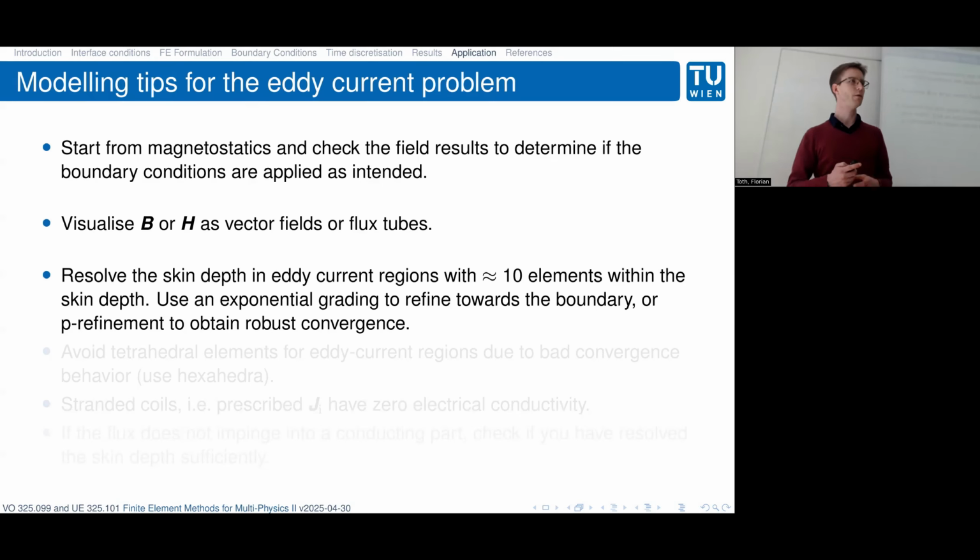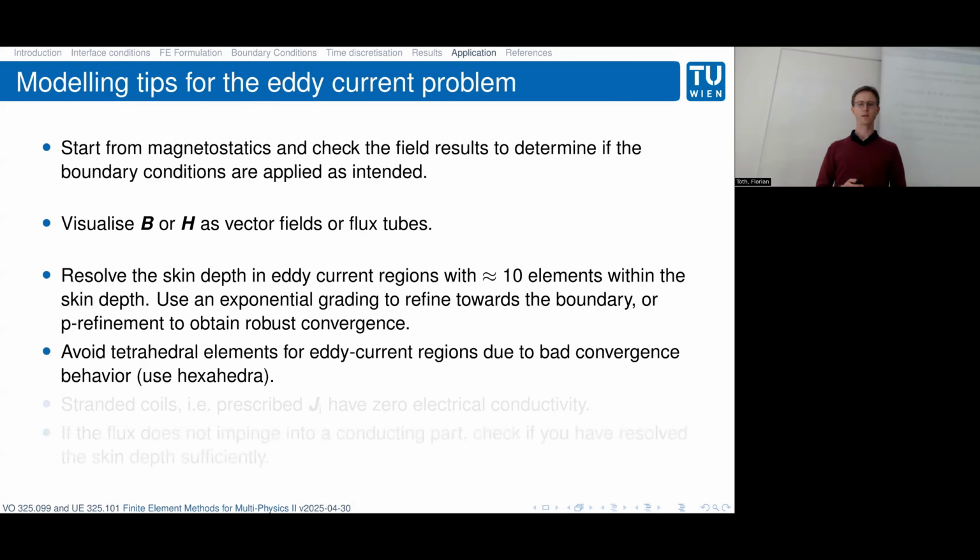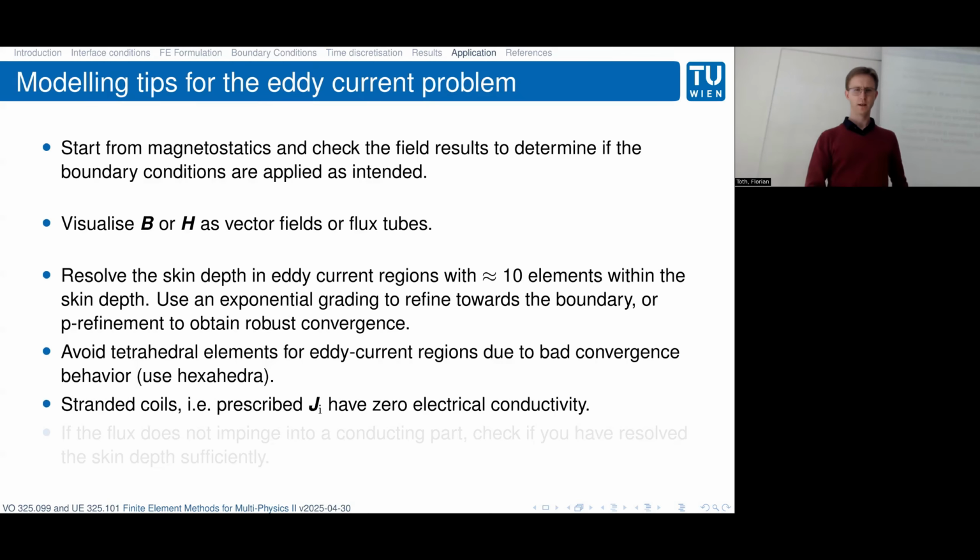You can use P refinements, elements of higher order, to get better convergence rates. What you should also avoid in eddy current regions is tetrahedral elements, because they have bad convergence properties, much worse than hexahedra in this case.